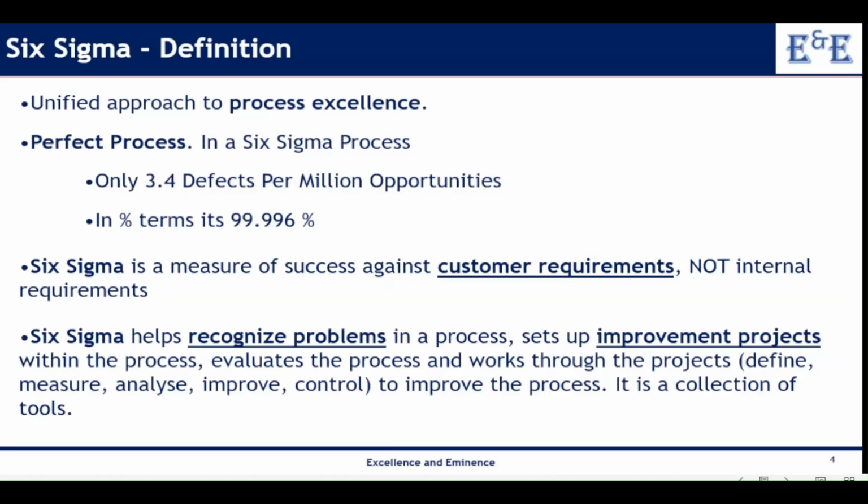Continuing with that, what is the measure again? Opportunity here comes from customer requirements, not the internal requirements. Say the customer wants something with a 5 centimeter tolerance, and you are giving within the 5 centimeter tolerance.